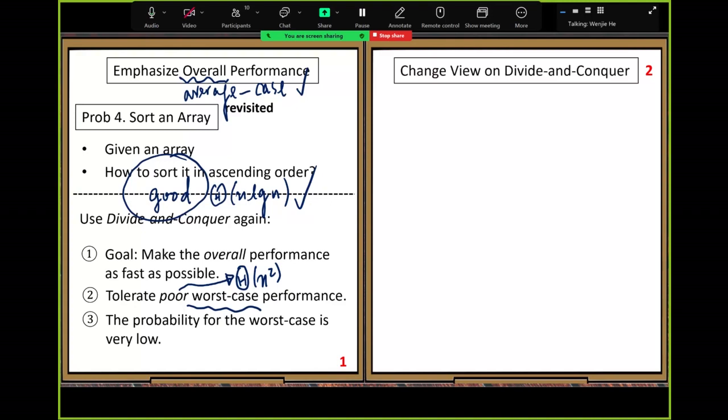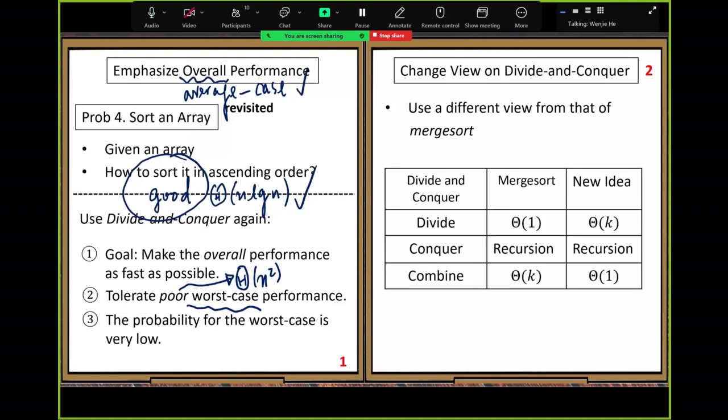Now we change the view on divide and conquer. Let's compare merge sort and this new way of applying divide and conquer.